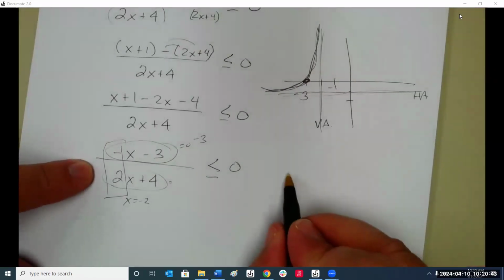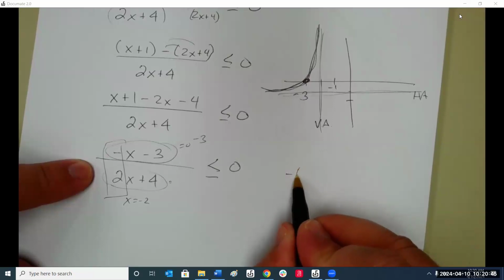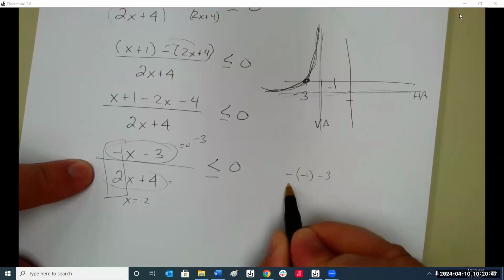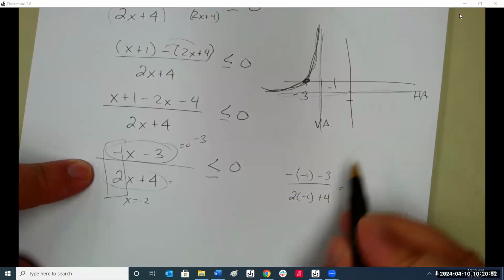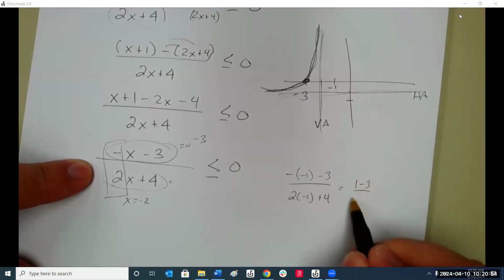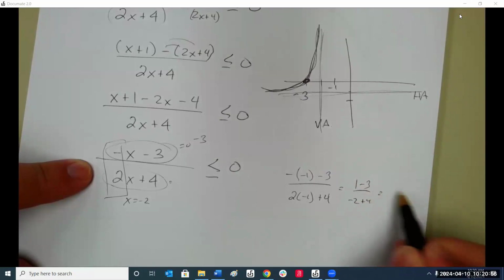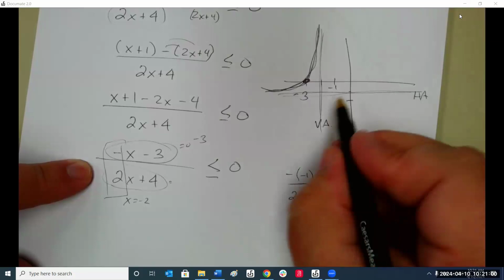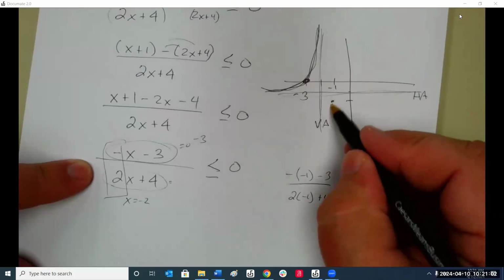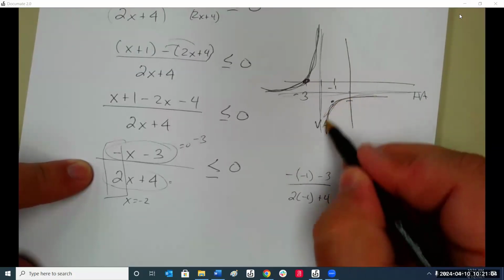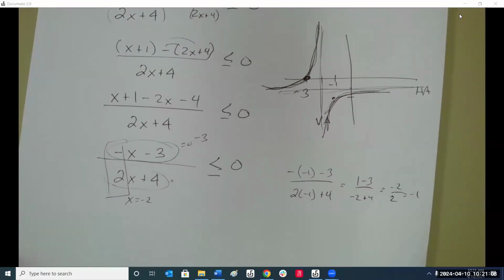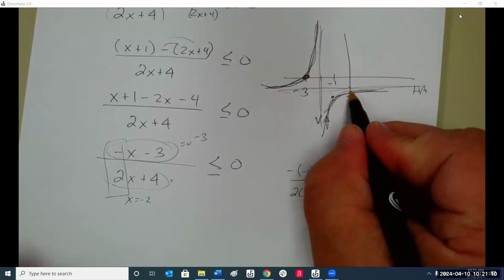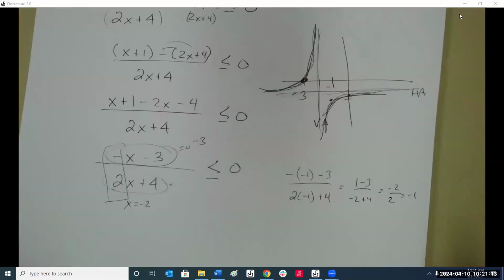So at -1, it's 1 minus 3, -2, plus 4, which is -1. And the y-intercept is at -3/4.